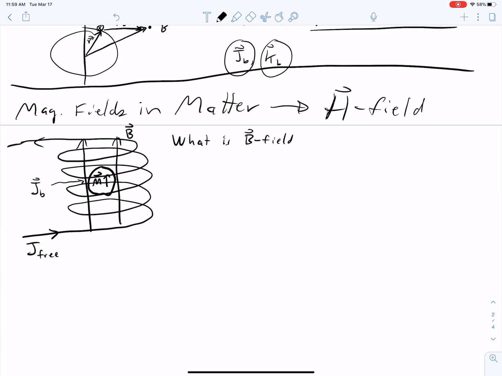What is the B field in the material, out of the material? What is the B field all around there? And that's the question we want to answer. What is the B field, say, in the solenoid? Or out of it, it doesn't matter. But what is the B field?